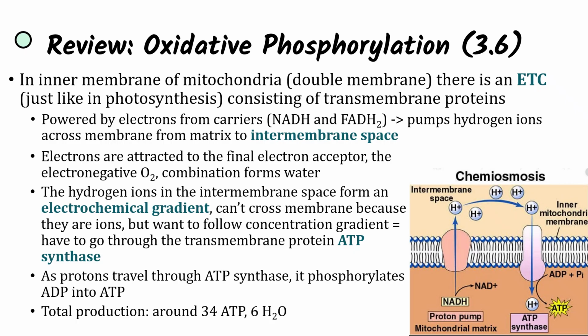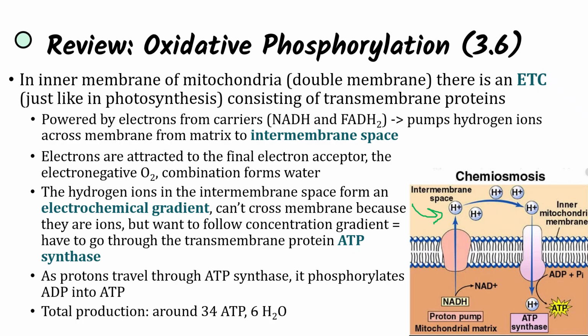And it will be powered by electrons from the carriers NADH and FADH2. And as the electrons are traveling between these proteins, there is going to be the pumping of hydrogen ions across the membrane from the matrix into the intermembrane space. And electrons are moving through the chain attracted to the final electron acceptor, the electronegative oxygen atom, the combination of which is going to form water.